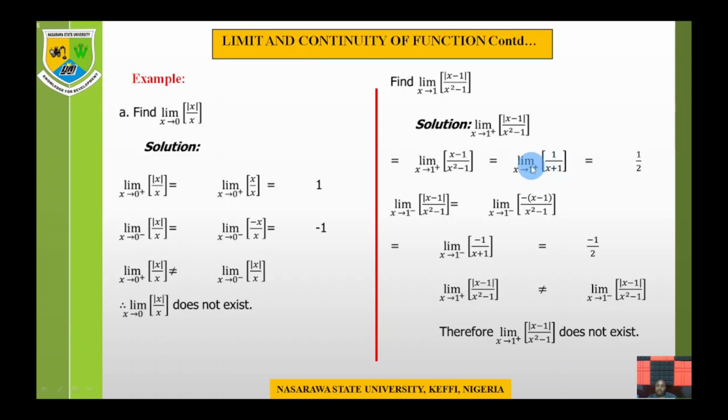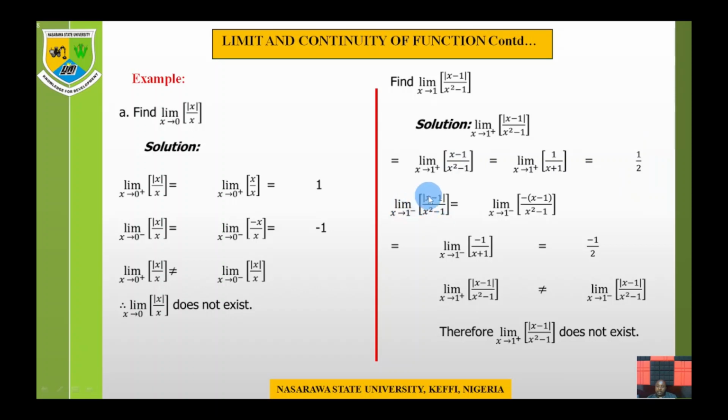So if you now substitute the value of x as 1, the final answer you are going to get is 1 over 2, because the denominator here will be 1 plus 1, so you have 1 all over 2 as x approaches 1 from the right. So the limit will be 1 over 2.